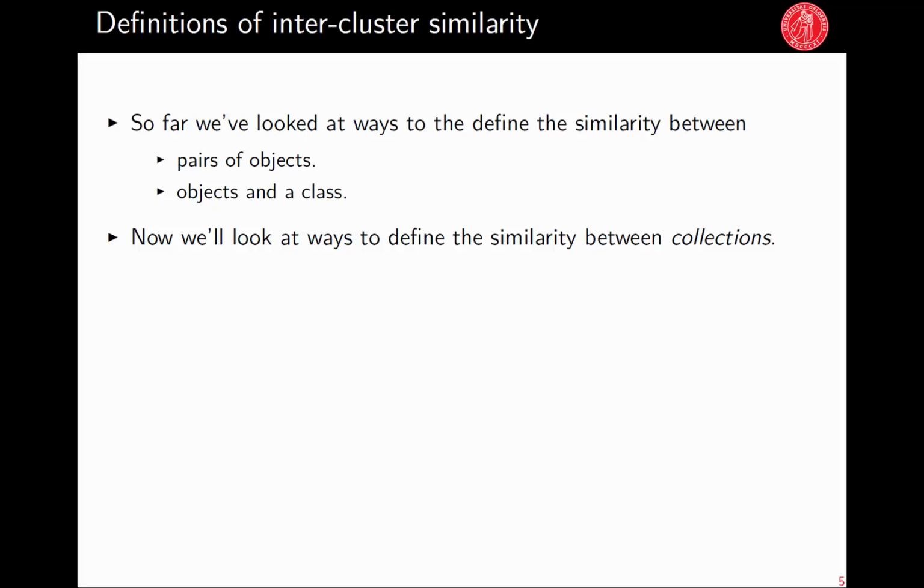Because now in each step of this bottom-up clustering method, we will need to pick out what two clusters are the most similar ones. Each cluster might contain several objects. We need a way to quantify what that means for two collections of objects, two clusters of objects, to be similar.